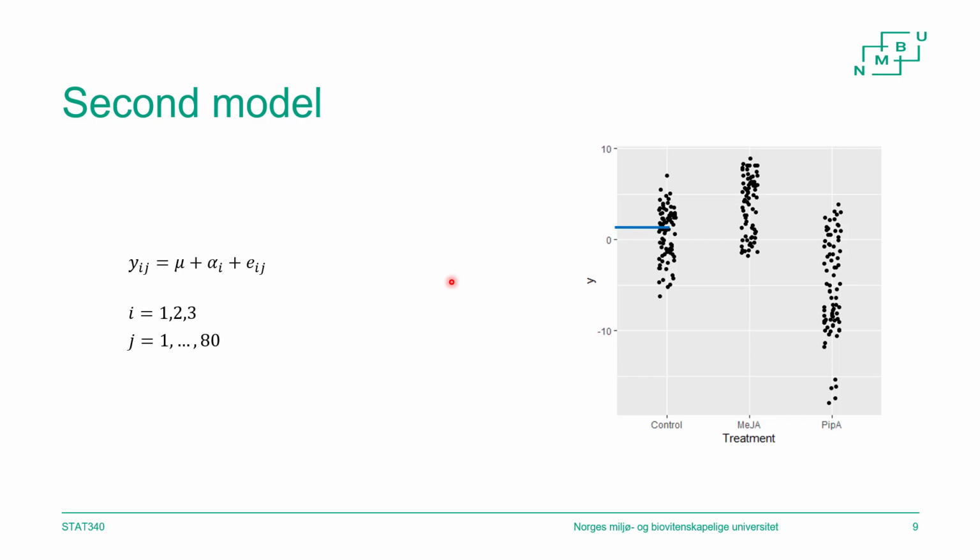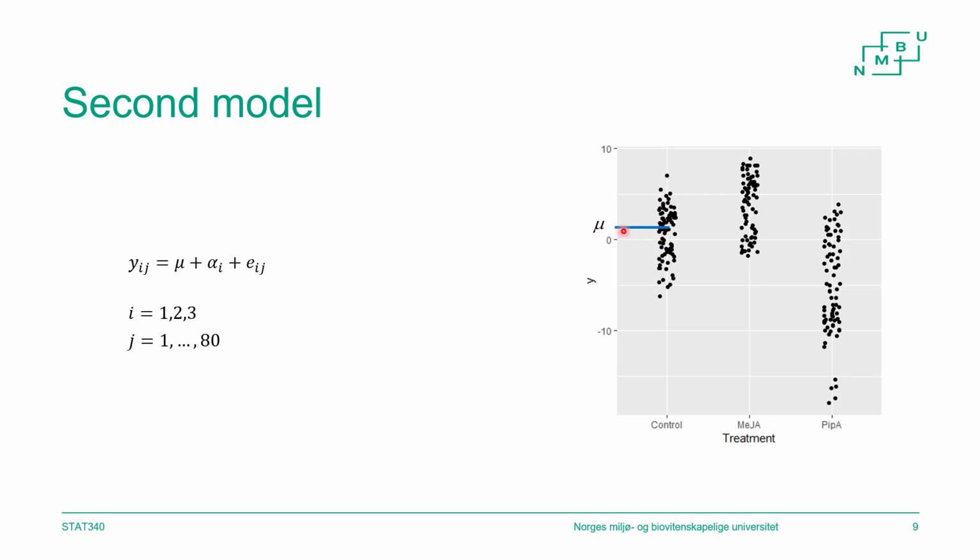First of all, the mu. What is this now? It's no longer the average of all the three, because we are now using one of the treatments as reference, right? This contrast treatment, which is default in R. Then mu is not the average of them all, but it's the average of the reference.